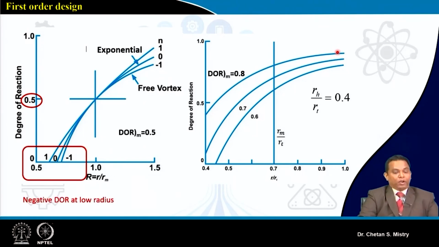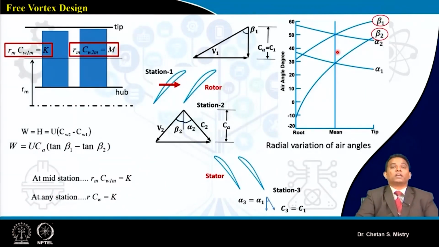Okay. Now here, we have discussed our free vortex concept. Let's come here again. If we consider the entry station, I am writing my Cw into R equal to constant, say K, and at the exit of my rotor this is given by Cw into R equal to constant.